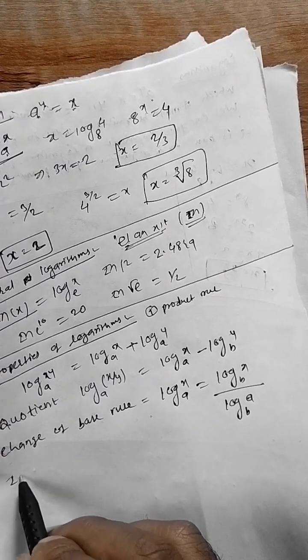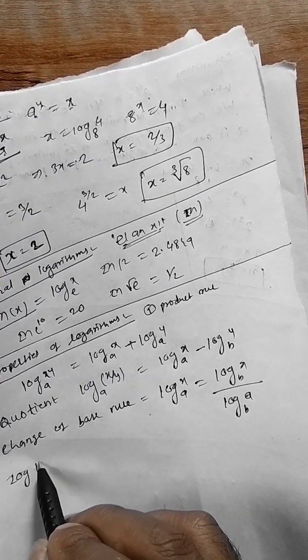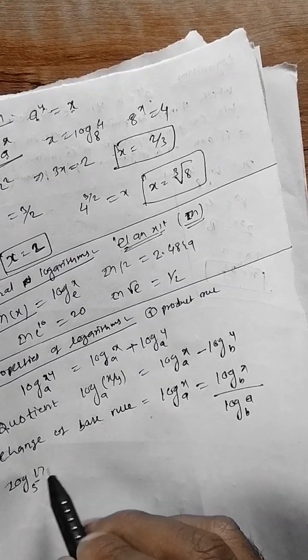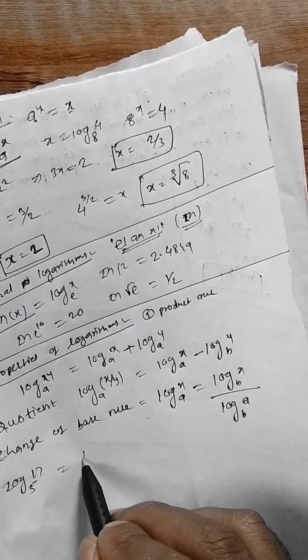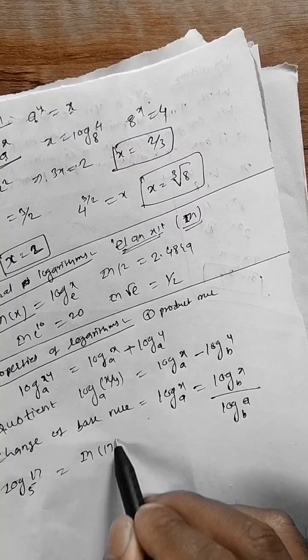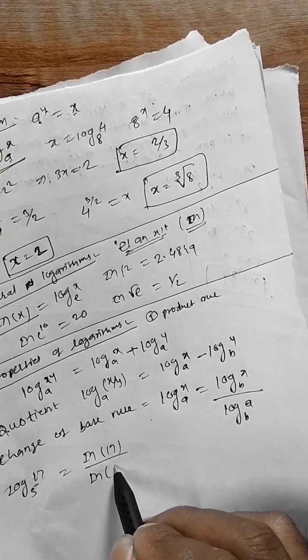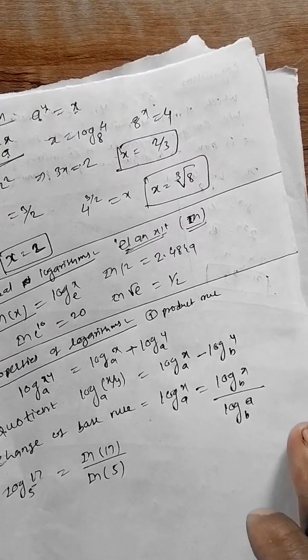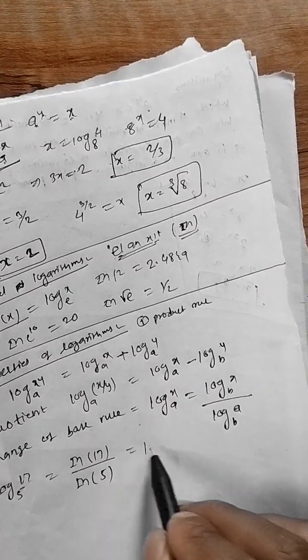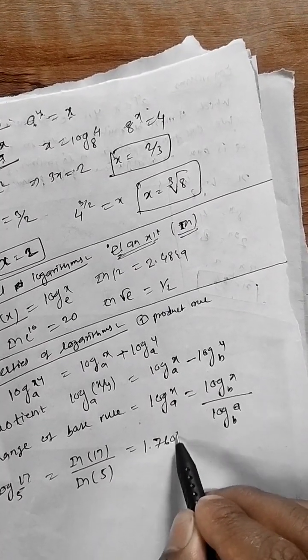So log of 17 to the base 5 is equal to ln 17 upon ln 5, which equals 1.7604.